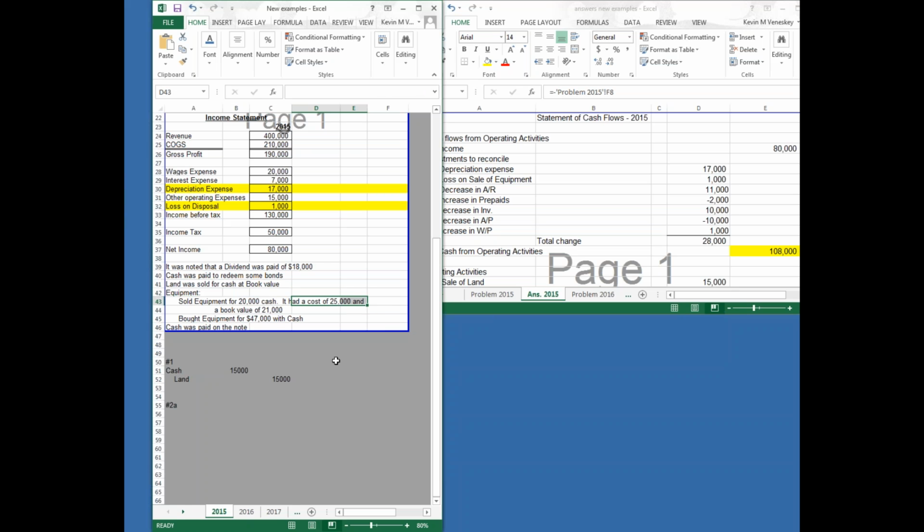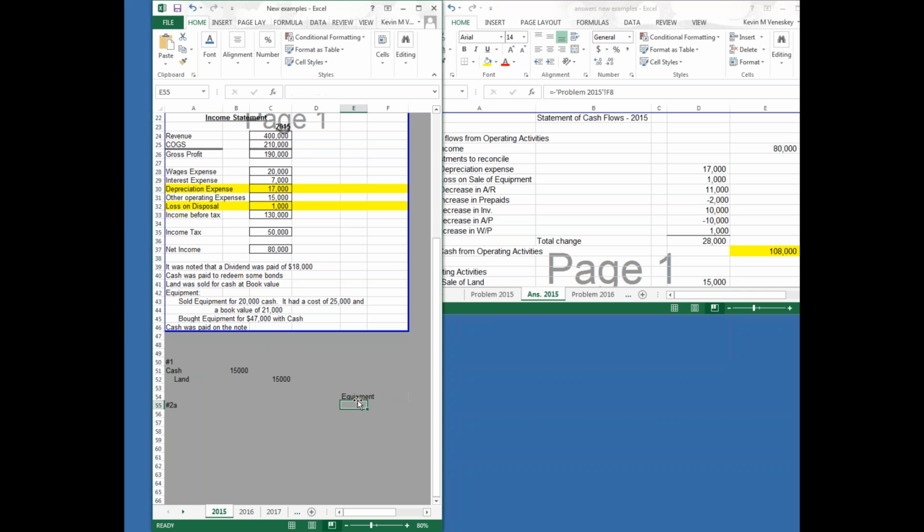If my equipment had a cost of $25,000, that's what's on the T account for the equipment. So that's what I need to get rid of when I'm doing the journal entry. And if it had a final book value of $21,000, well, that should tell me then what the accumulated depreciation was.